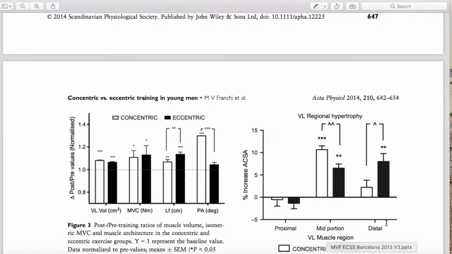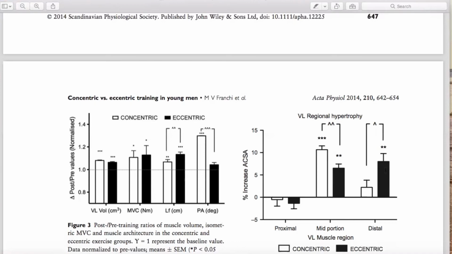What I found is that the two different contractions bring two different regional hypertrophic responses, which I think is quite interesting from a functional and performance point of view, if you need different parts of the muscle to be more involved in a specific movement. And this likely also reflects the architectural adaptation that we found with ultrasound scans.